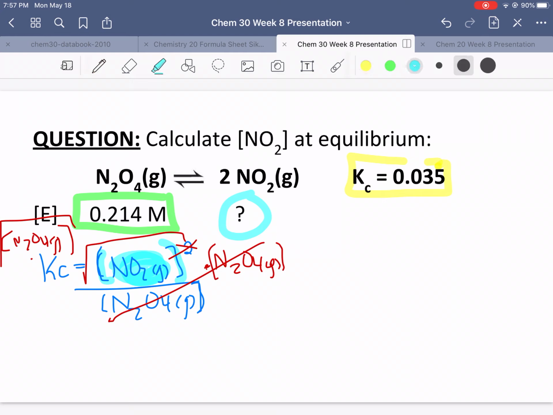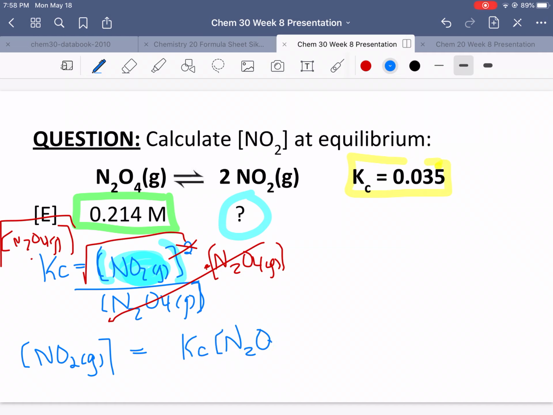Okay, let's clean this up a little bit. End result, we will have the concentration of NO2 gas is equal to the equilibrium constant Kc times the concentration of the N2O4 gas, all square root. And the square root has to go over the entire entity. Otherwise, you're going to get a wrong answer.